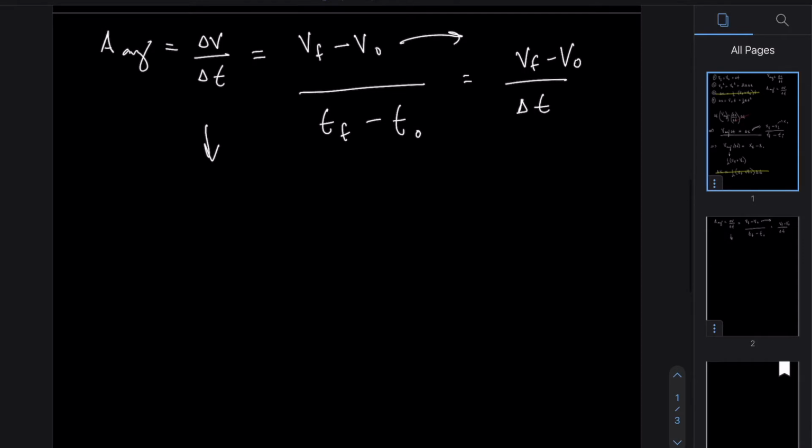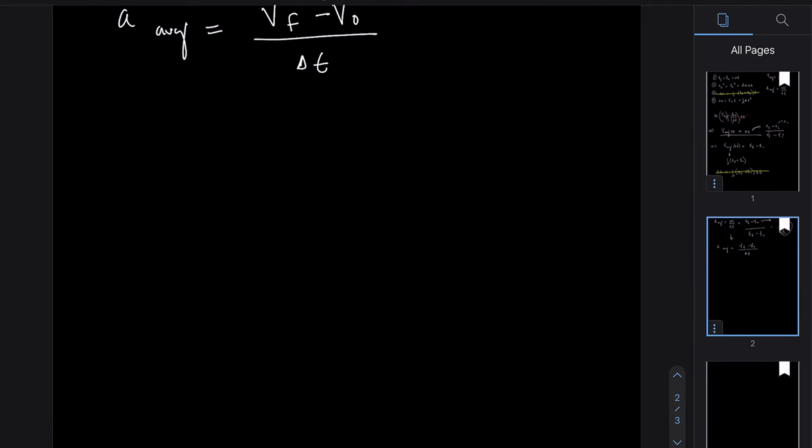The average acceleration is equal to v final minus v initial over delta t, right? And that's just the same thing that we wrote up here. Just want to rewrite it to make it a little clearer, away from all the clutter. So there we go.